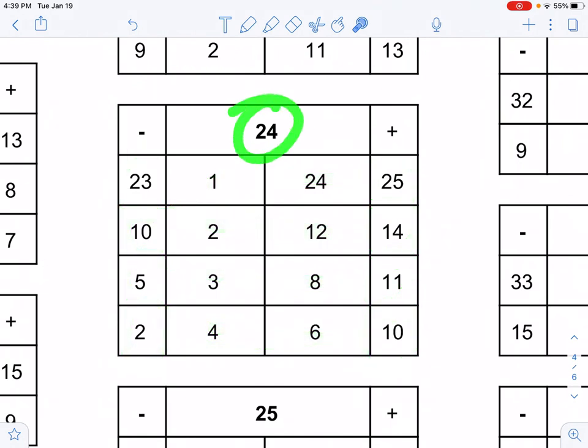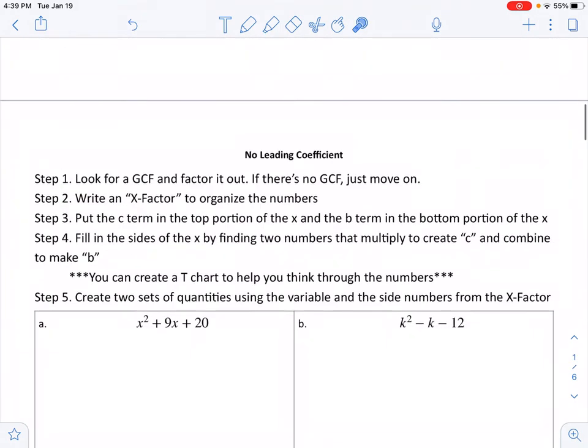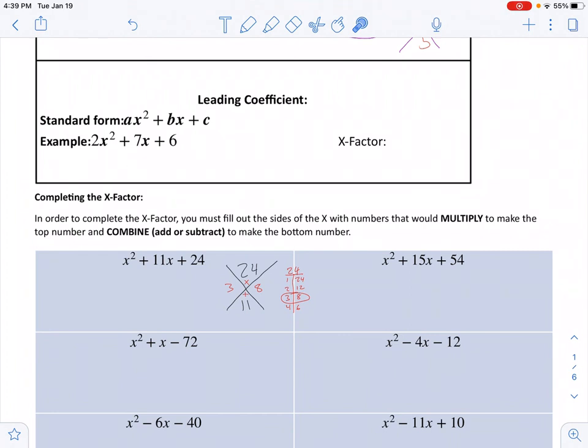So this would be your top number, and this is the side number that you're looking for. Or this is your bottom number here, 11. So 3 and 8. So if you would like to use that table, I just wanted to show it to you. You can ask and we can send it to you digitally, but it's time consuming to do that, and we would rather you kind of do the mental exercise first.